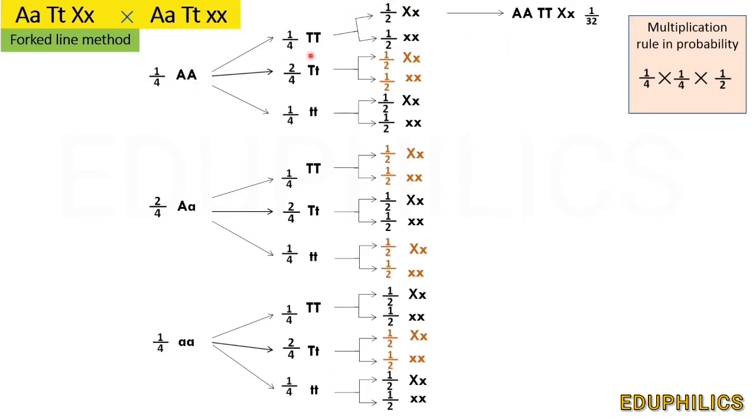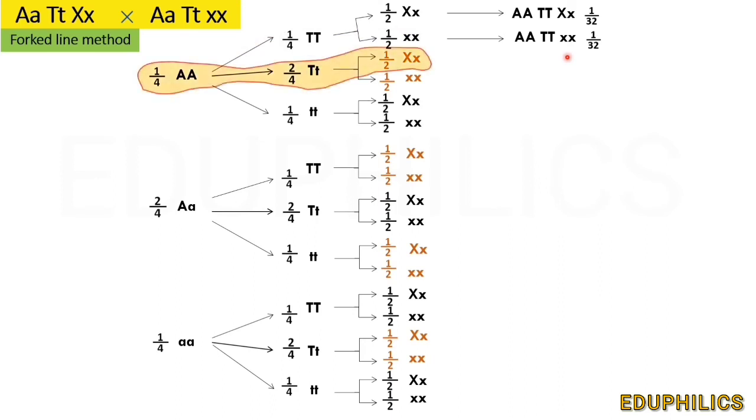Why do we consider these three as independent events? Because these three genes are assorted independently. So the same goes with the remaining genotypes also. Let's look at the next one. Capital A, capital T, and small x occurs at a probability of 1/32.